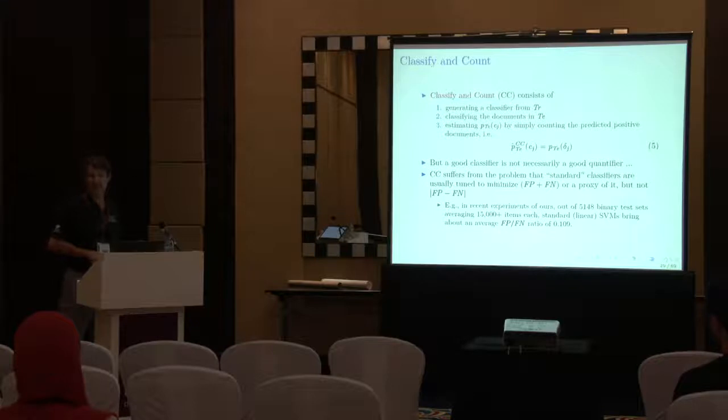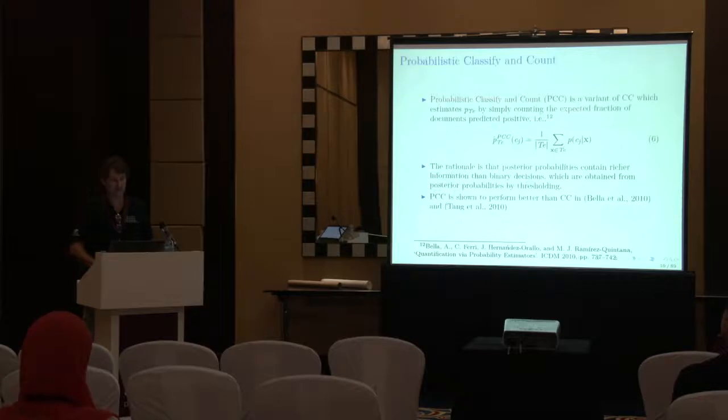So this means that if you use standard learning algorithms, you are typically going to come up with biased classifiers. So classify and count might give you good classification accuracy, but they might not give you good quantification accuracy.